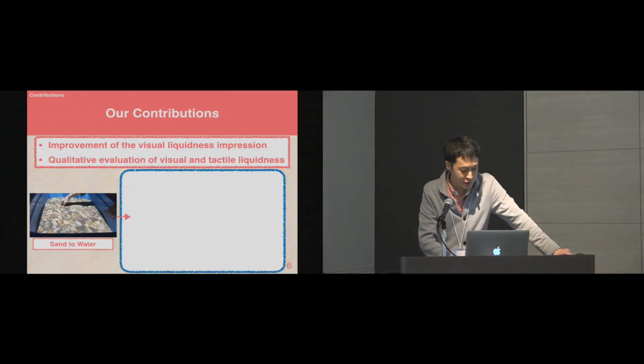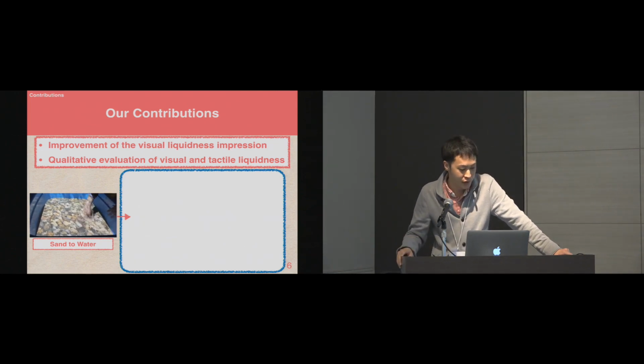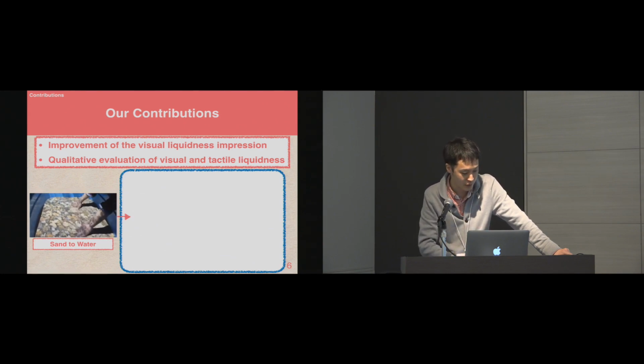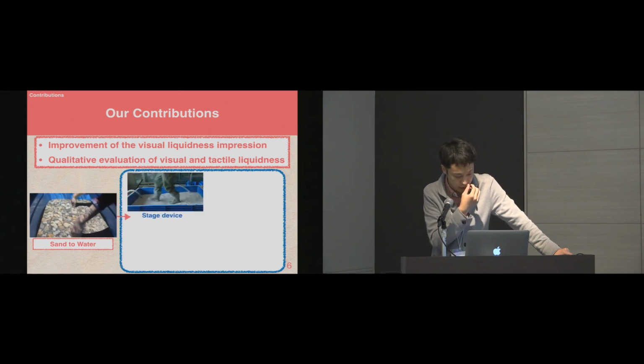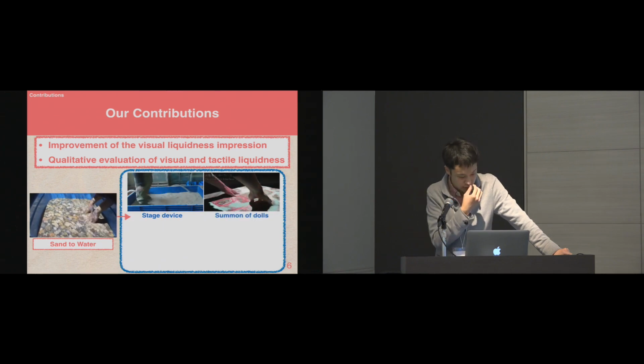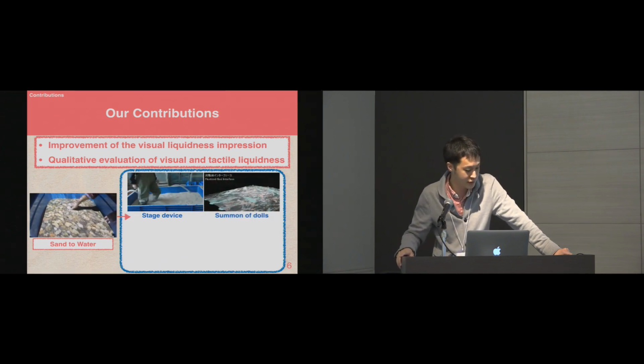Our method makes two contributions. We developed the method to improve the visual liquidness impression of the fluidized bed interface, which can be available for various applications. For example, it will be used as a stage device by switching fluidization. This is the other example of the stage device.